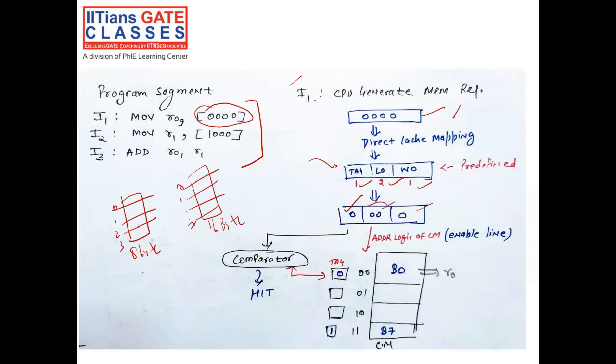So this line offset will enable the line data block. This line offset will enable the address of that particular line. So if it is 00, that block we enable, right? And this 0 is to find out the byte inside the block. Fine. This tag bit we compare with the tag bit of the cache memory.